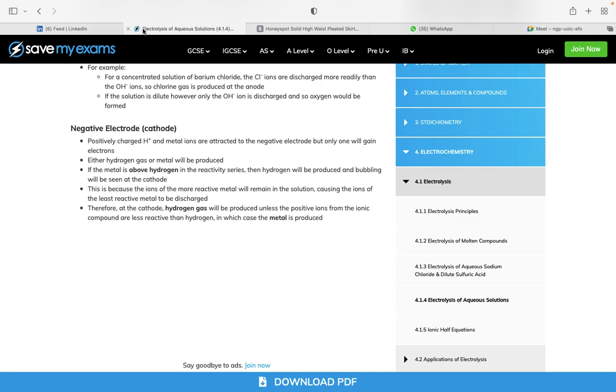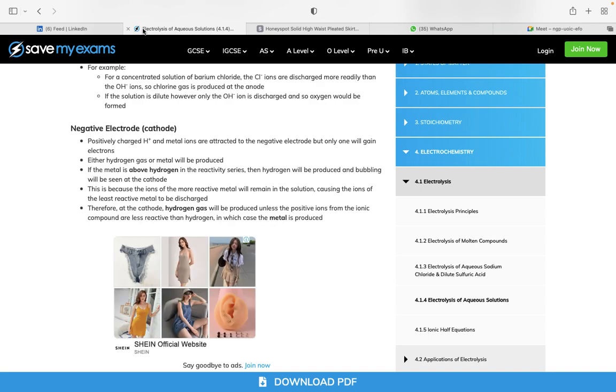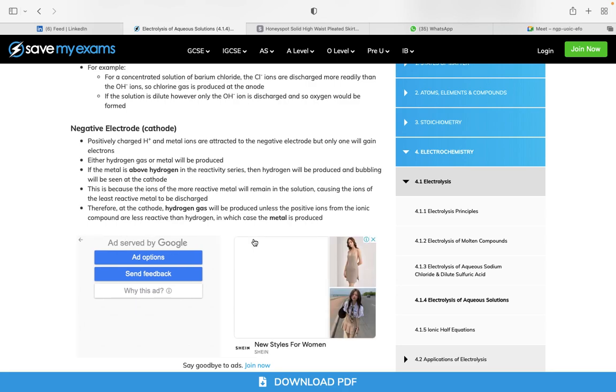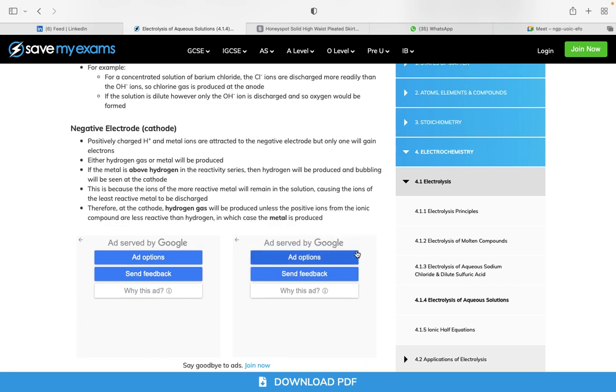Remember, comparing the metal with hydrogen, either hydrogen migrates to the cathode or a metal migrates to the cathode. If the metal is below hydrogen in the reactivity series, the metal will be the one that migrates. But if the metal is above hydrogen, hydrogen is the one that will migrate.